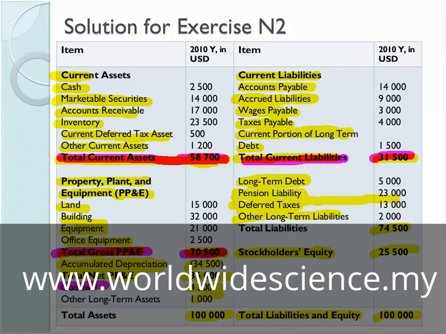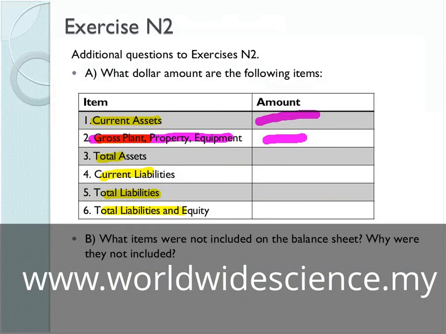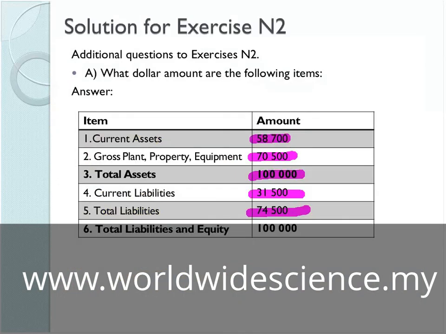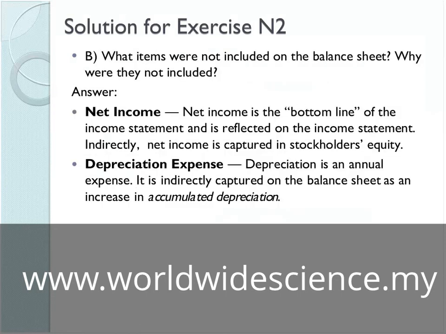Yes, right. Total liabilities is 74,500. And the total liabilities and equity is equal to 100,000, right? So I think you are clear with exercise number 2, question A. This is a simple one. So let's move to the next one.